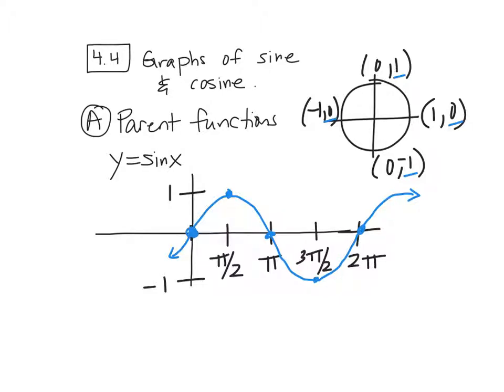Do you see how this right here, 0 to pi over 2, this is like quadrant 1? And see how all my y values are positive? And then look at the next one, pi over 2 to pi. This is like quadrant 2. And isn't sine still positive in quadrant 2? See all those y values?